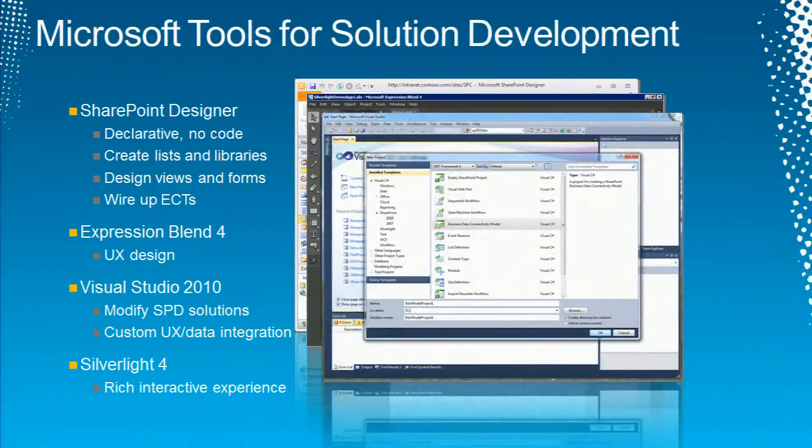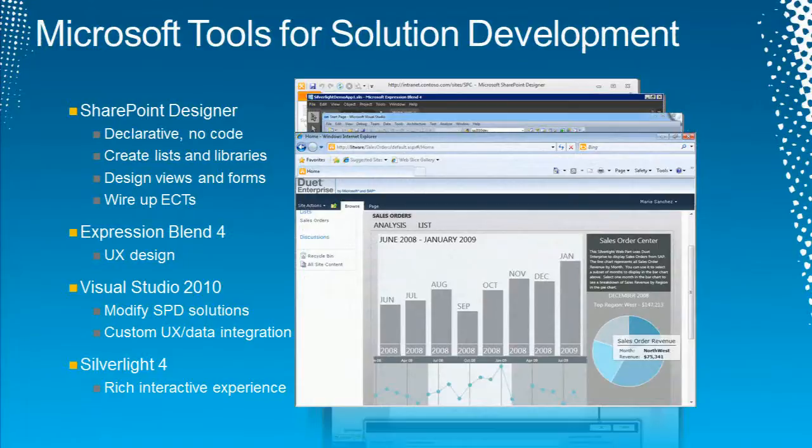Then we used Visual Studio. Once you get the Expression Blend work done, you can export that out, and Visual Studio can pick that up, and that's where we wired up all the data connectivity. And lastly, Silverlight is the user experience that we render in.